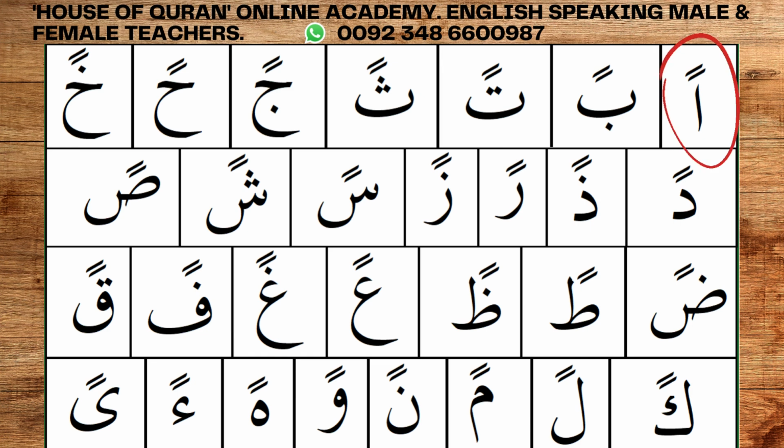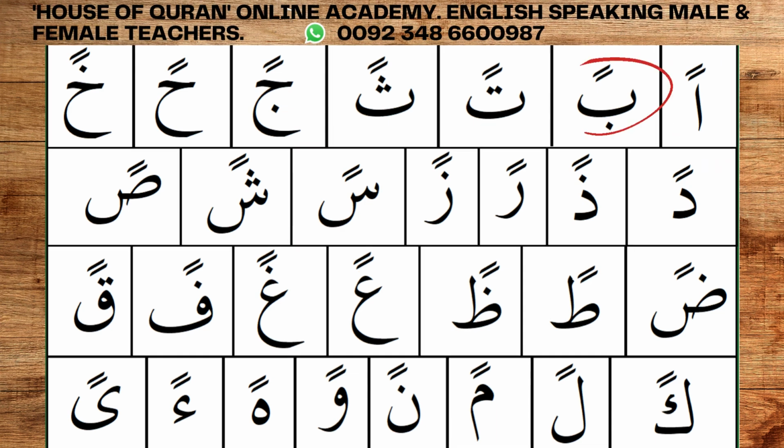The two fatha on top makes an "an" sound. Together, they read an. Look at this b sound. With an "an" on top, it makes ban. A t sound with an "an" on top makes tan.